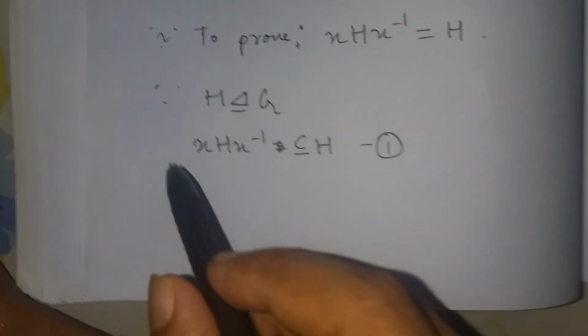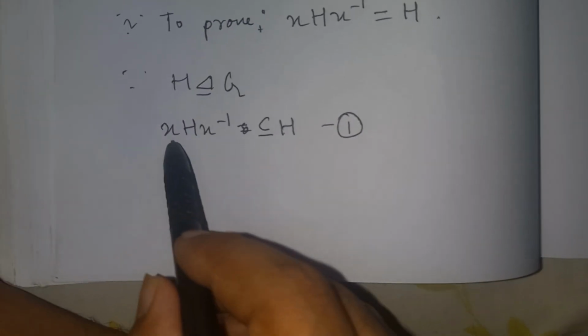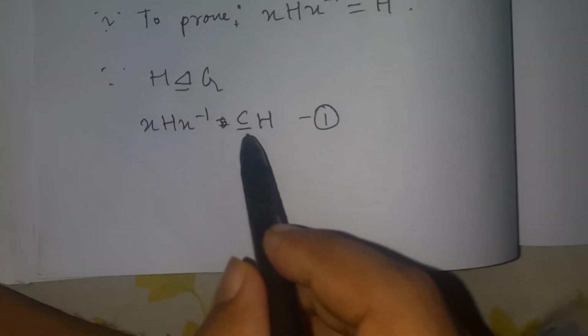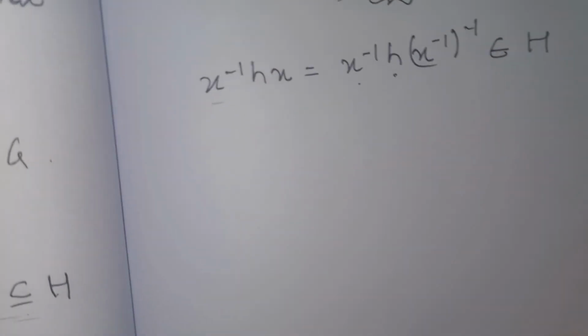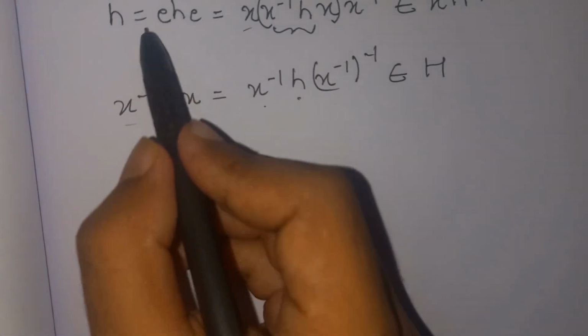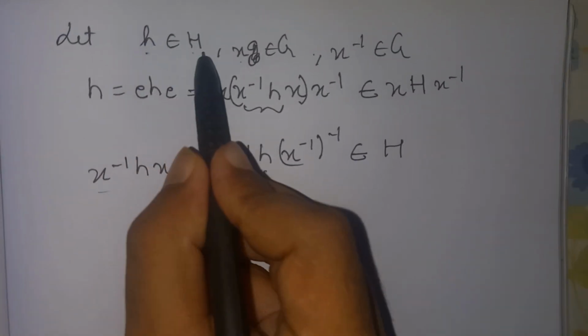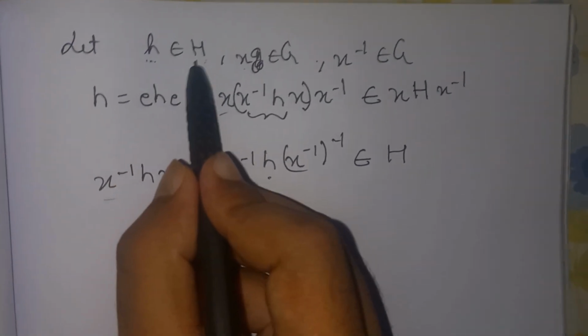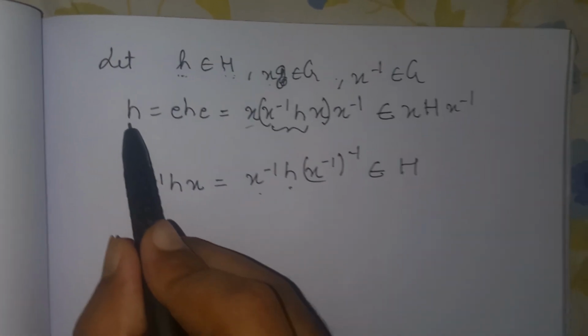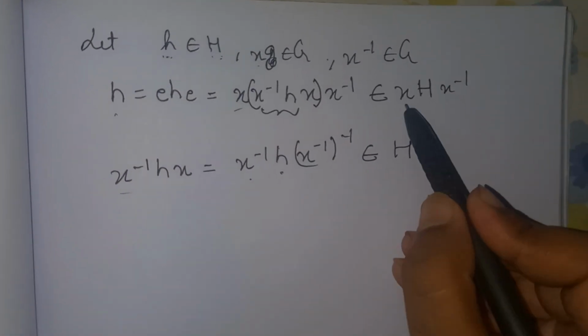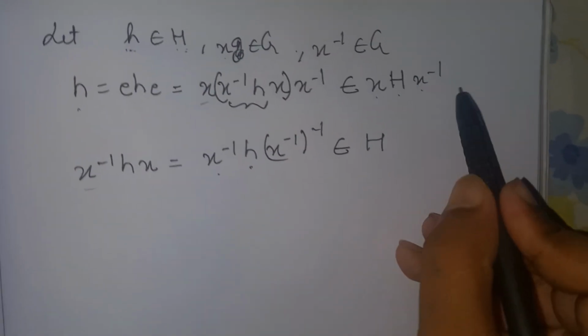And since it is a normal subgroup, xHx inverse is a subset of H. So we can write it in this way. From this, we have taken small h from the subgroup H, and we have shown that h is also contained in xHx inverse.